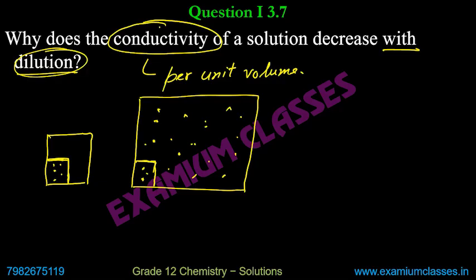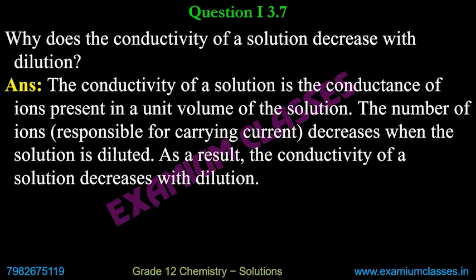So because the number of ions per unit volume decreases, that's why the conductivity decreases. Unit volume is the keyword you need to include here. So go through the answer, then I'll move to the next part.